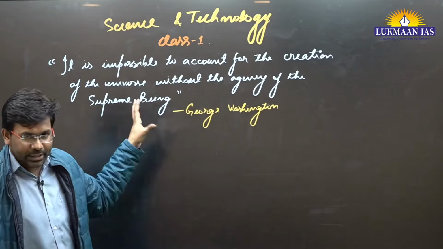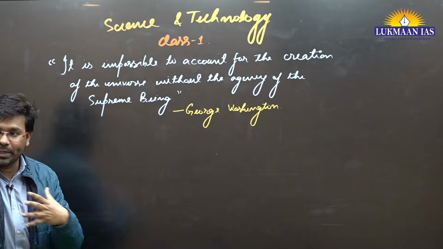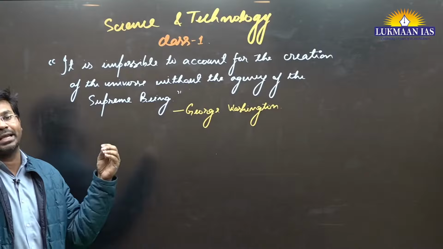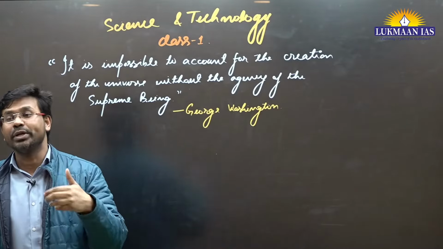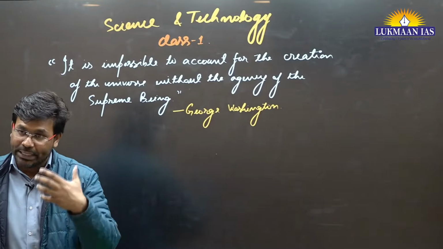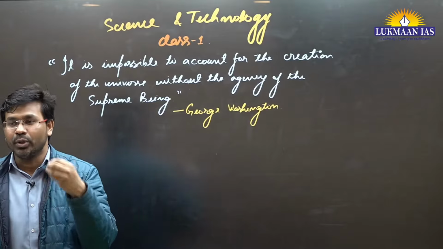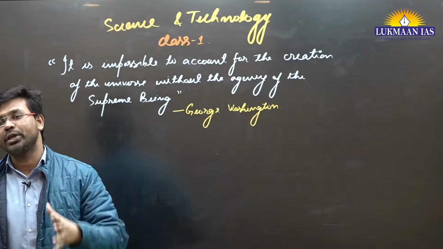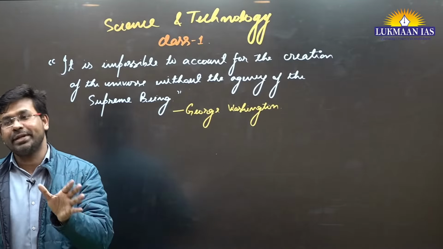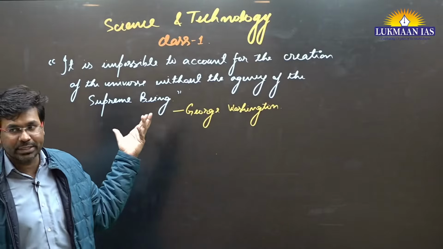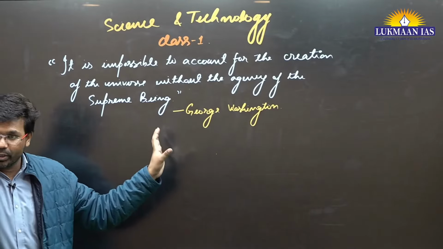This is one of the quotations that I really find to be so sensible. He says that if you want to know how the universe was created, without knowing that there is some role of God, we cannot account for its creation. So there is definitely some role of God. This is what is being said through this particular quotation.